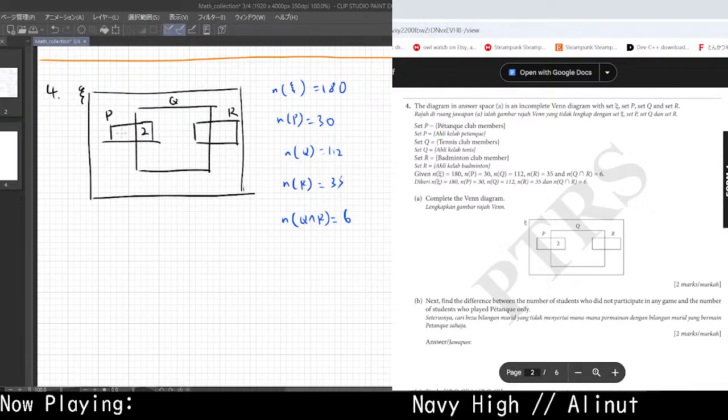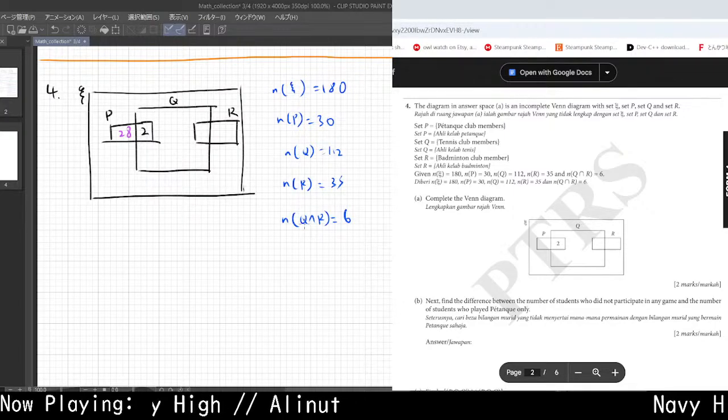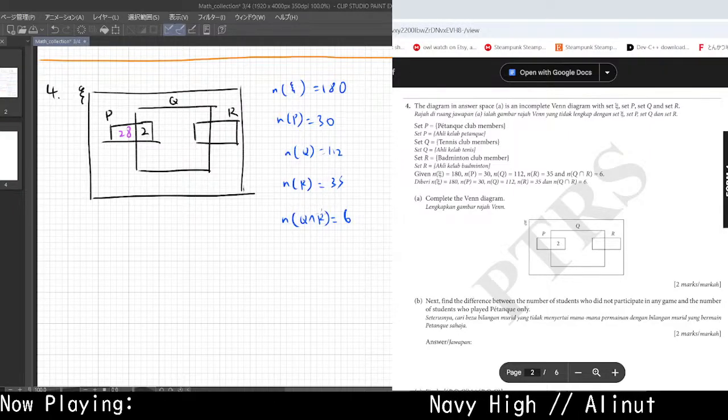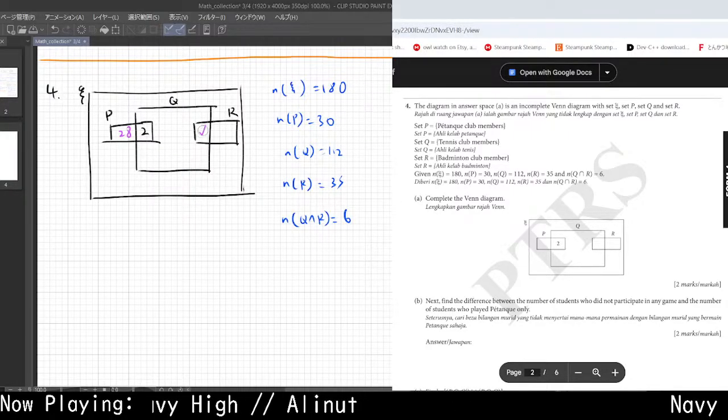Then for Q, we know the entire thing is 112, but we don't have enough information, so just leave it first. n of R is 35, we also don't have enough information, we leave it first. And n of Q and R, the portion of Q overlapping R, which is this thing over here, has a number of elements of 6.